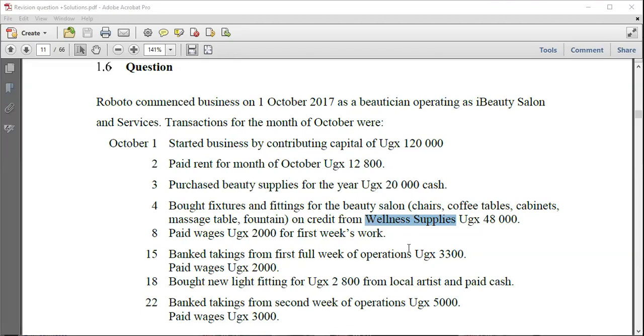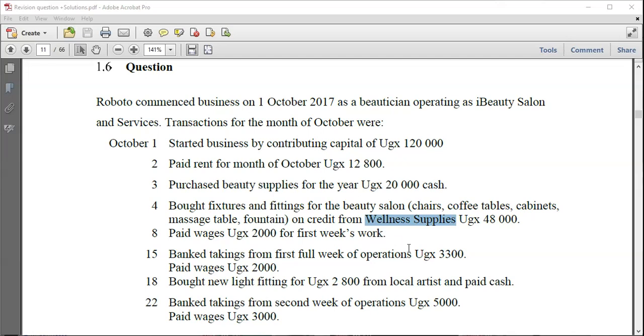So we credit Wellness Supplies and debit our fixtures and fittings. Then we have the next one, where they're saying they paid wages, 2,000, for the first week's work. Just like salaries for big corporations, wages are expenses to the business.